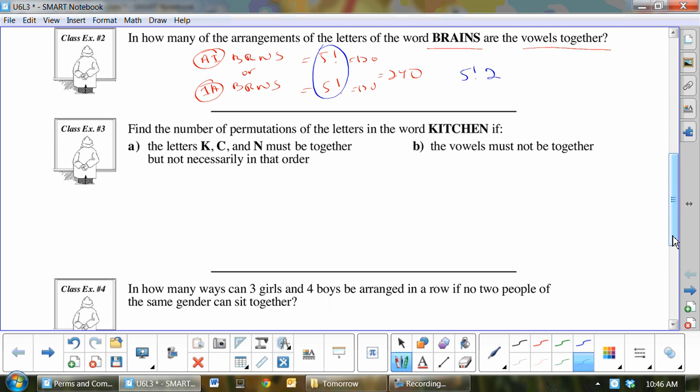What if the letters K, C, and N must be together, but not in that order? So the word kitchen, how many letters are there? How many letters in kitchen? 7. Okay, so K, C, and N are a group.